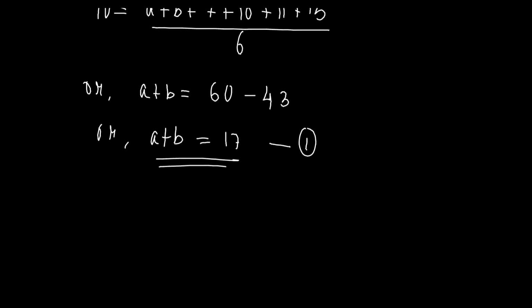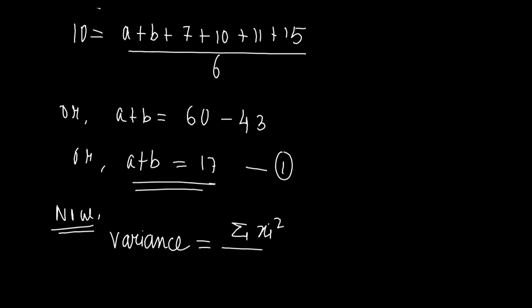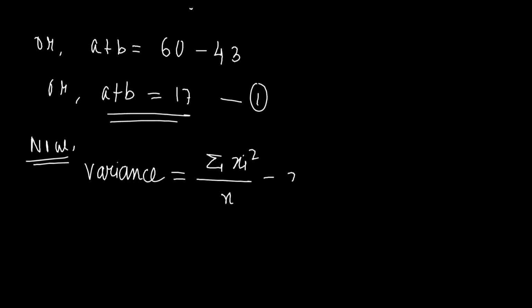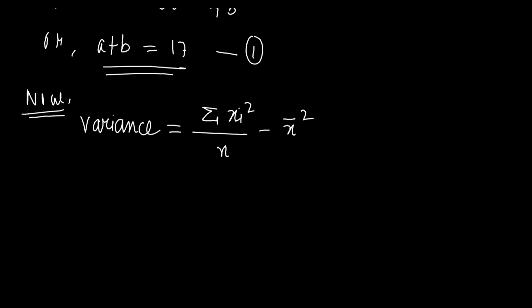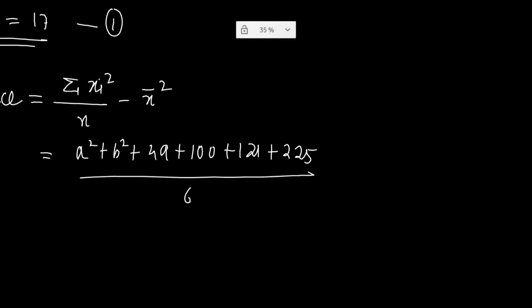Now we have been given that the variance is equal to 20 by 3. Variance we know is sigma xi square by n minus mean square. So what is sigma xi square? It is A square plus B square plus 49 plus 100 plus 121 plus 225, divided by the total number of numbers given.